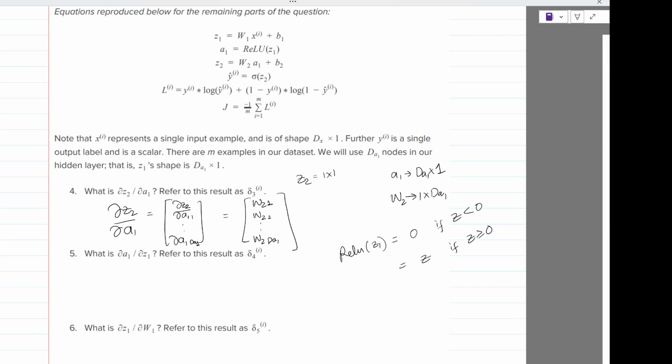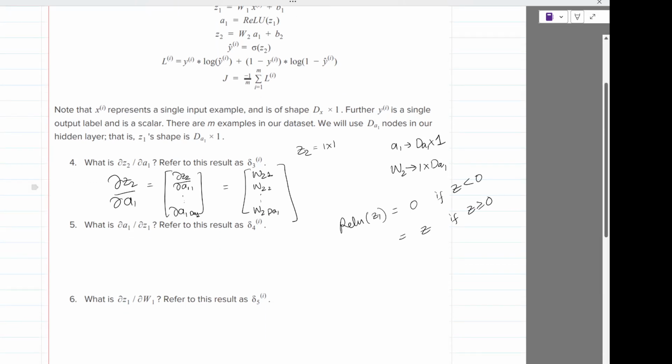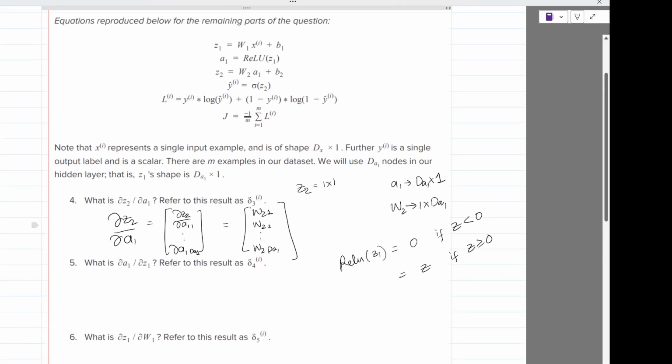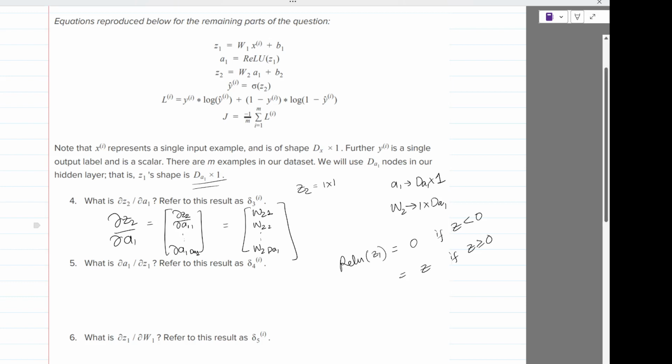So if we are writing like this, then what is this? Now z1 is a vector, and a1 is also a vector. They are both of the same size, of shape dA1 cross 1.